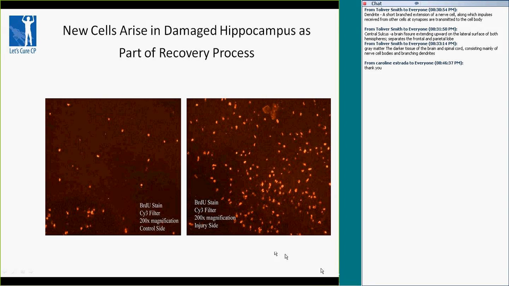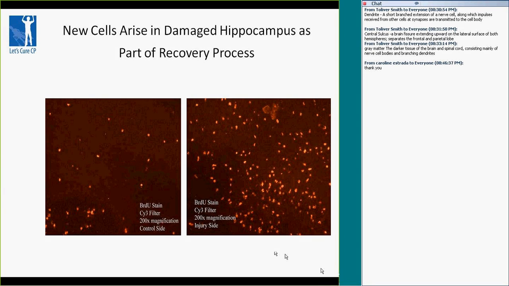So, what are the little bright red dots on the left side versus the right side? Sure. This is what we call immunohistochemistry. We get fluorescence whenever we look for our protein target, and these bright red dots are that fluorescence. So the dots that are lighting up are brand new cells.